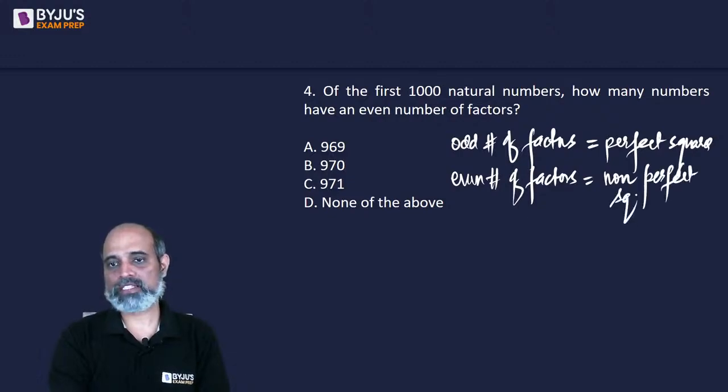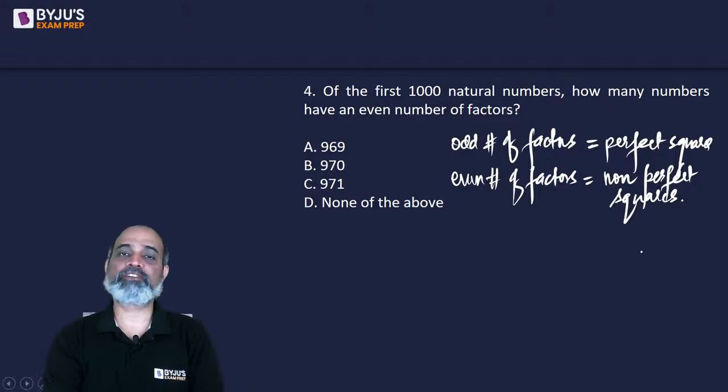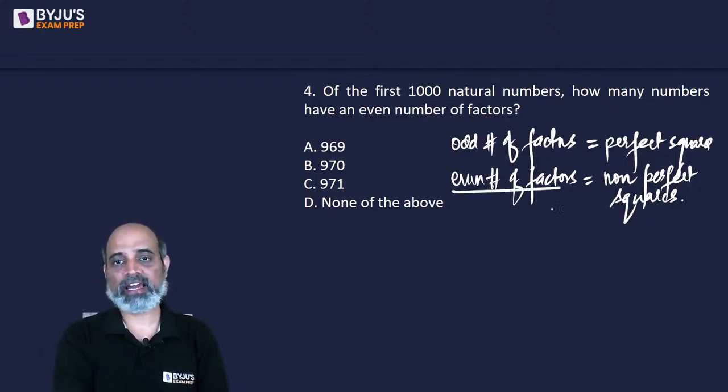So when the question is asking us how many numbers have got an even number of factors, they are indirectly asking us how many non-perfect squares exist up to 1000.